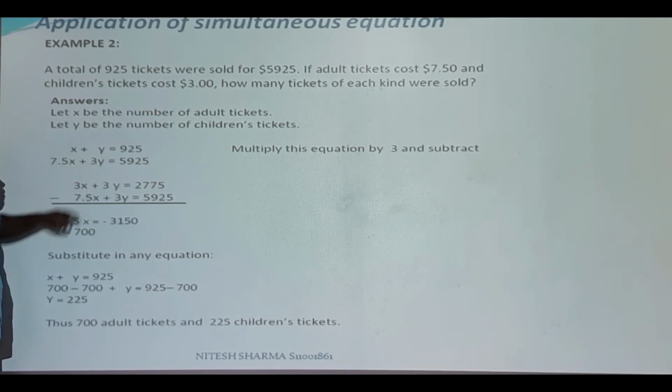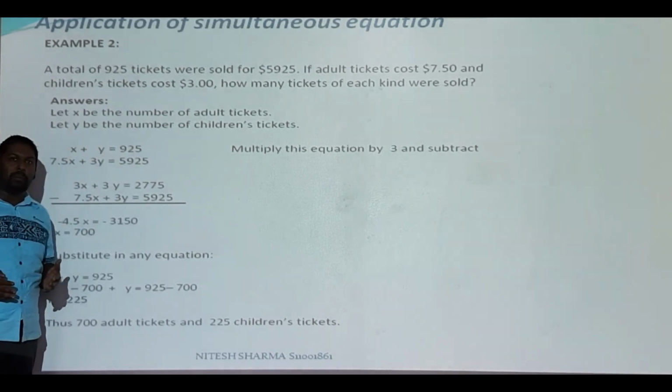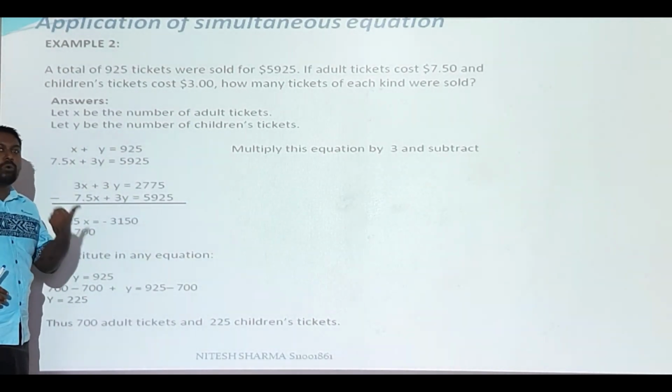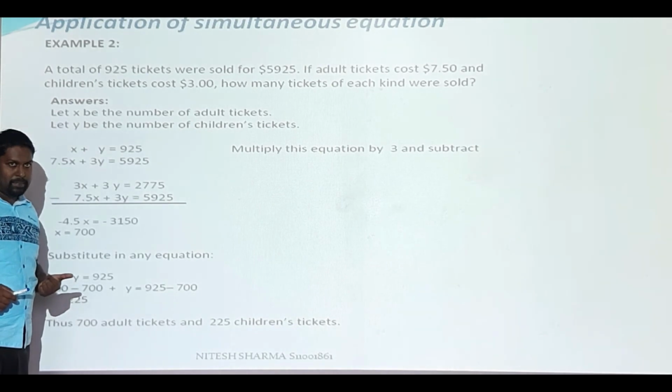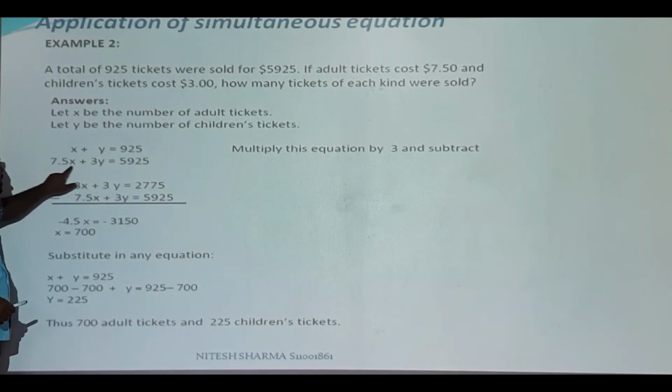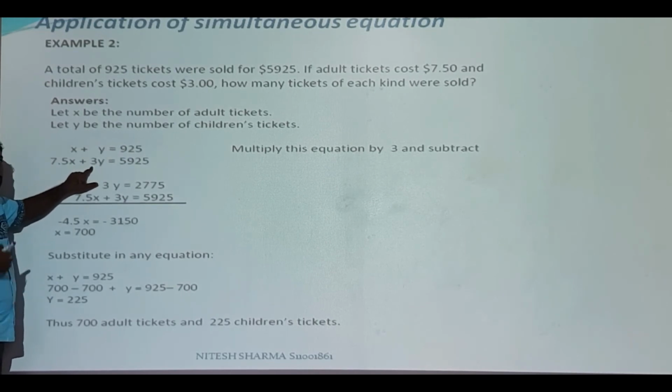Now, let me solve. If you look at both equations, I cannot eliminate directly. I have 7.5x and I have 3y. So in order to eliminate one of the variables, I have to multiply one of the equations by a constant multiplier. In this case, the easier number is 3.